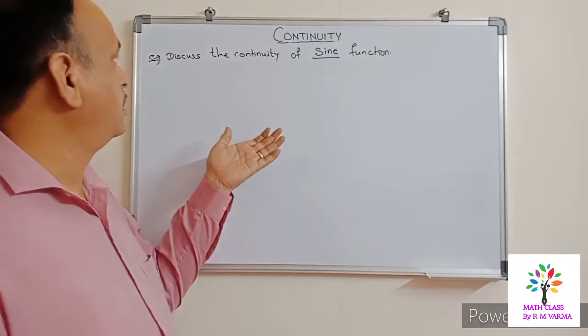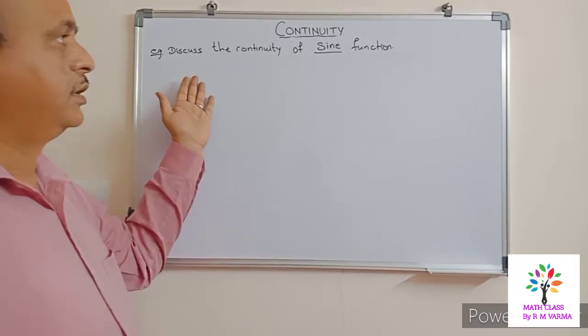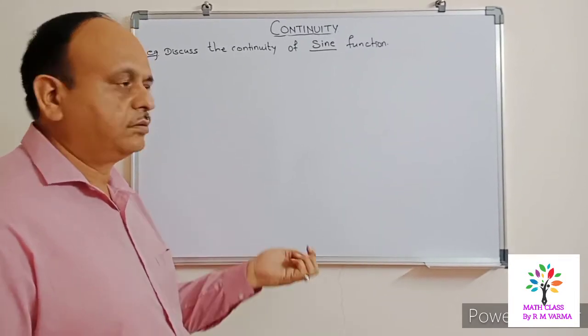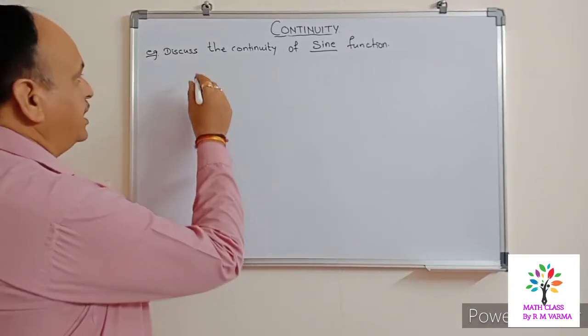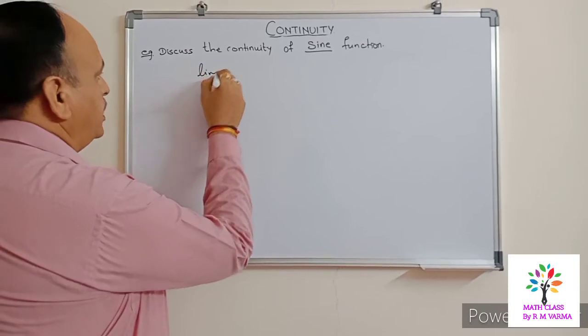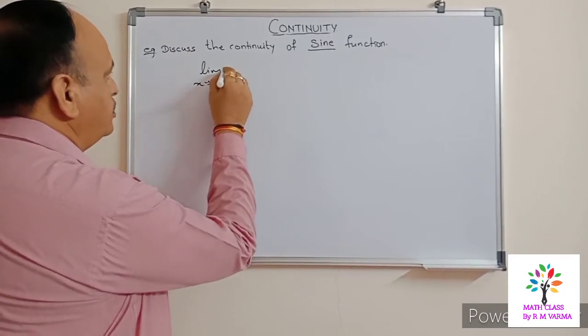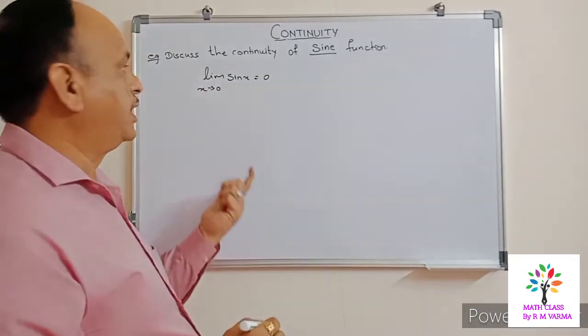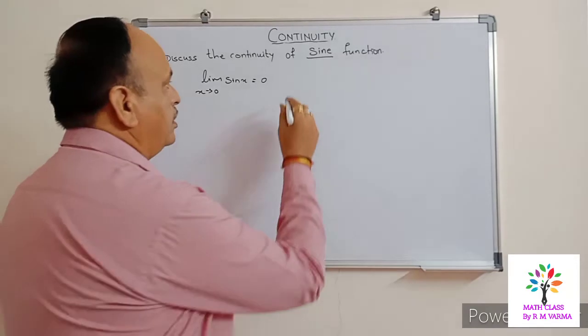Now let us see the continuity of the sine function, whether it is continuous or not. So we know something about sine: limit x tends to 0, sine x equals 0. Now how do we know this?